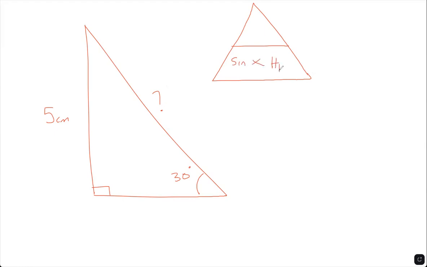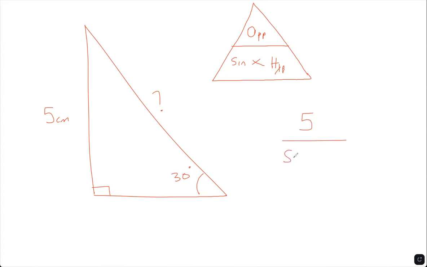Hypotenuse, then let's go be as the opposite. Sine times hypotenuse is going to be opposite. So from there, the hypotenuse equals opposite divided by sine. What's the opposite? Opposite is 5. What is its sine?